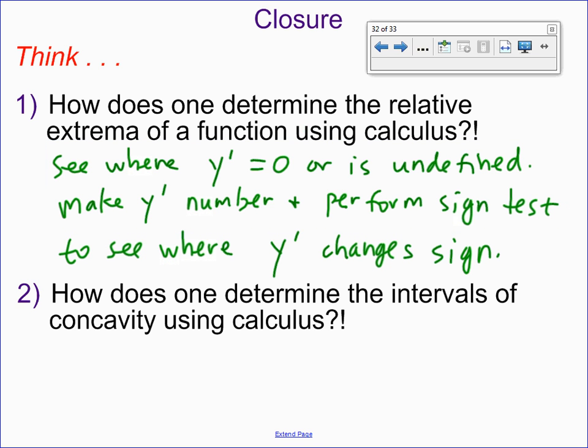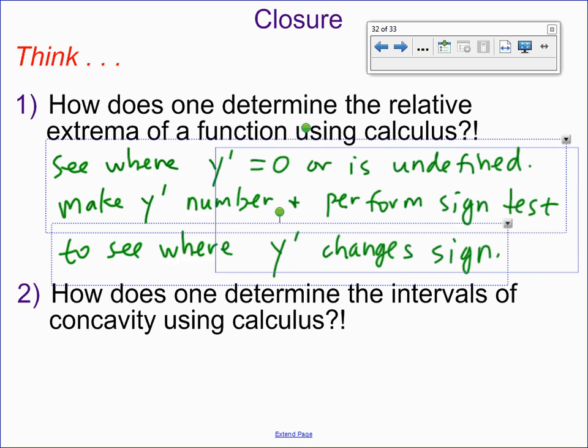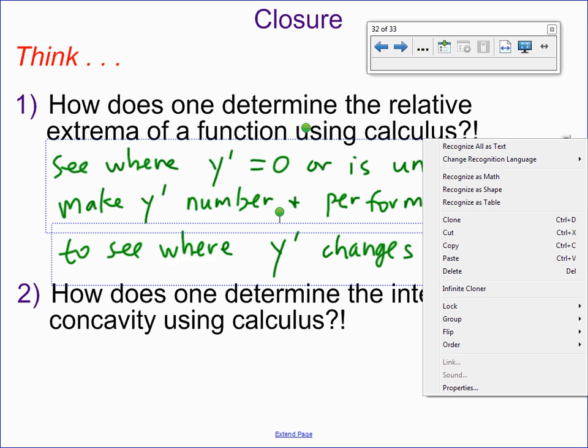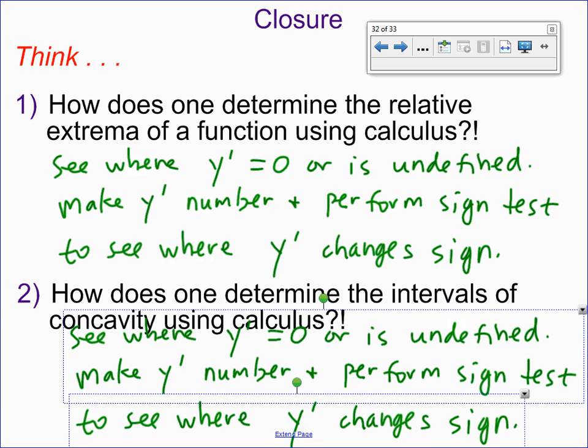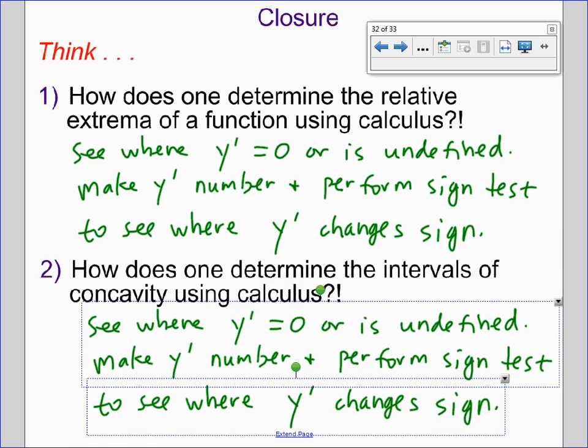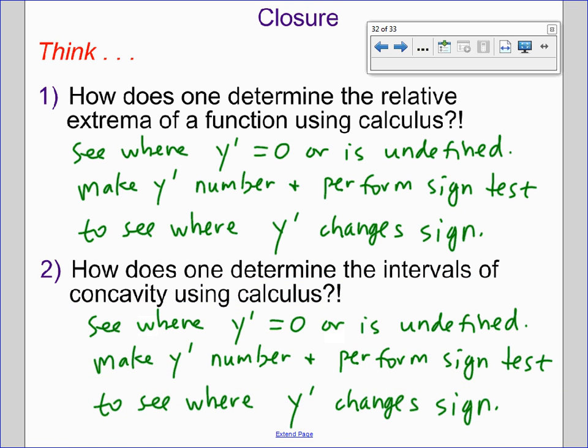How much of this can I get? I bet I could get a lot of it. Except we're going to see where y double prime equals 0 or is undefined.